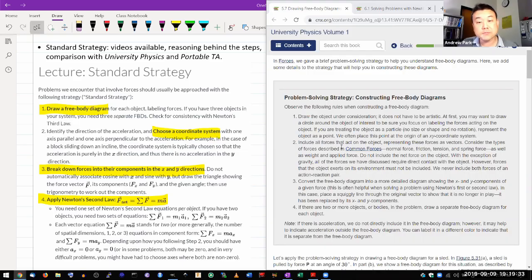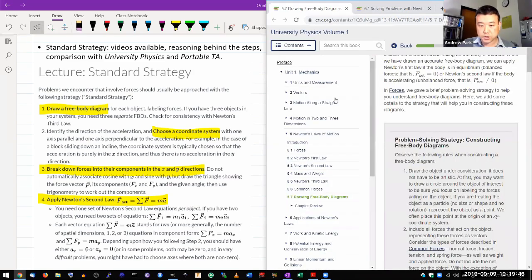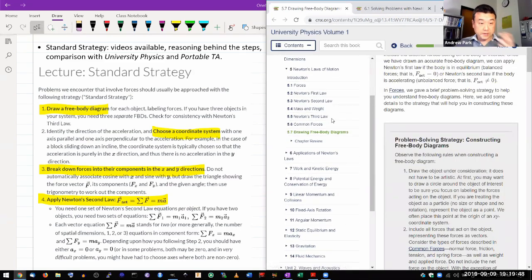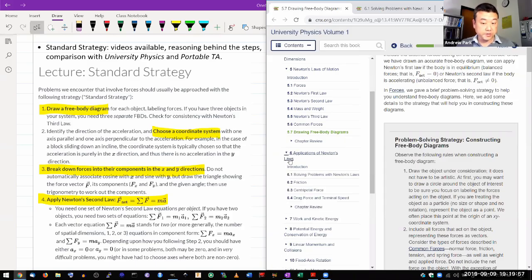In your textbook, what we lay out as a standard strategy is broken out in two sections. One is in chapter 5.7, drawing free body diagrams. And in chapter 5, there are some questions where you could use detailed force problem solving strategy, but much of that has been reserved for chapter 6, applications of Newton's laws.